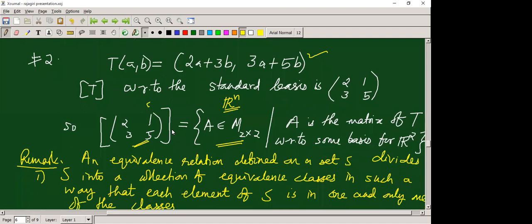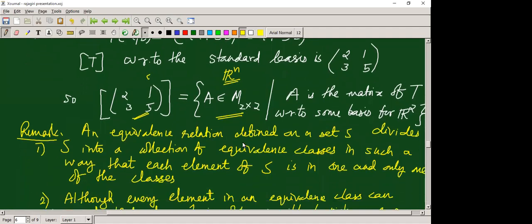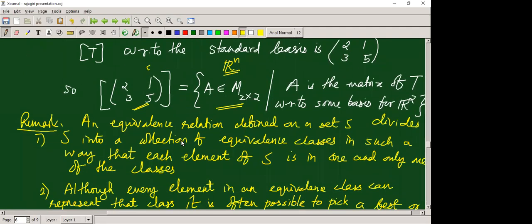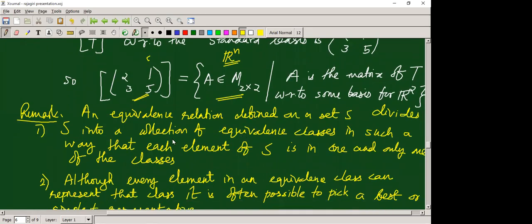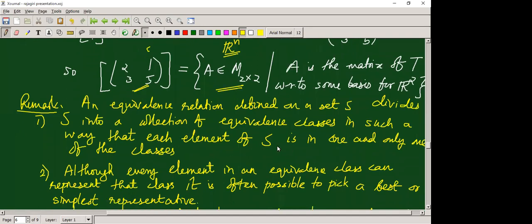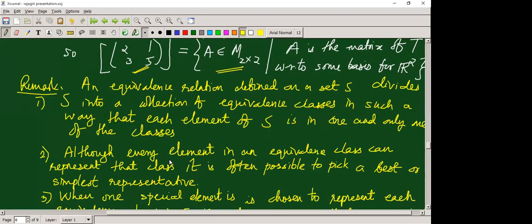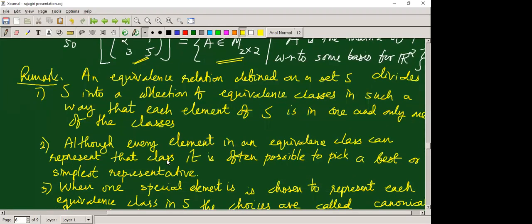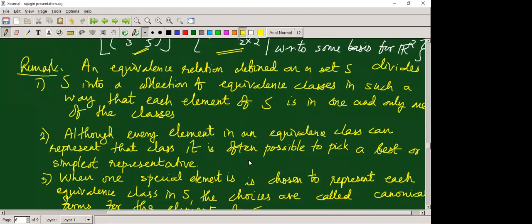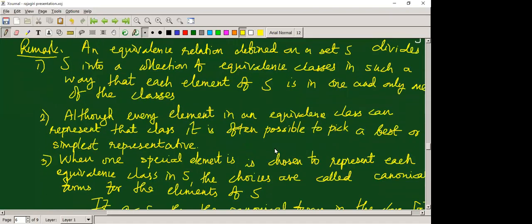An equivalence relation defined on a set S divides S into a collection of equivalence classes in such a way that each element of S is in one and only one of the classes. Although every element in an equivalence class represents that class, it is often possible to pick a best or simplest representative. That is the fundamental thing.